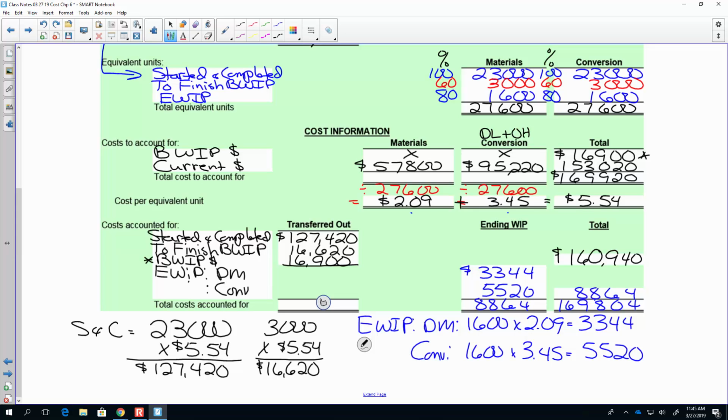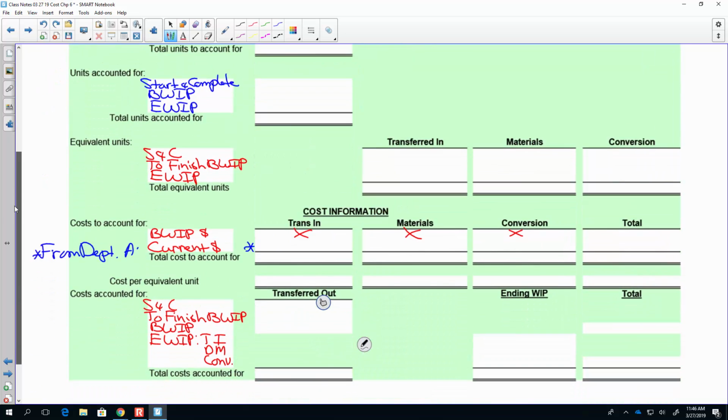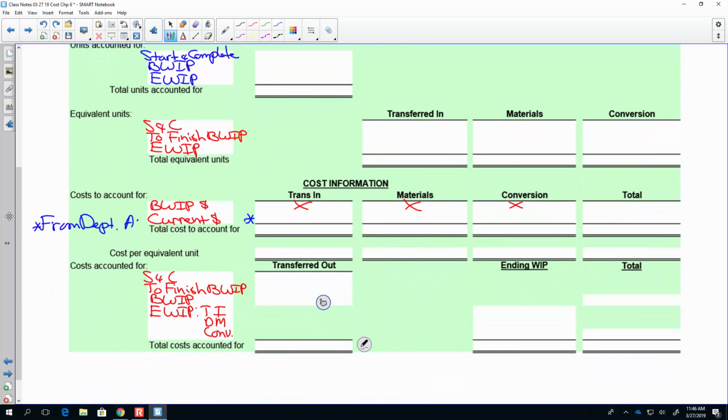This number here is going to B. So I'm going to put that here on the transferred in column, right? Those are coming with those parts coming in at the beginning.